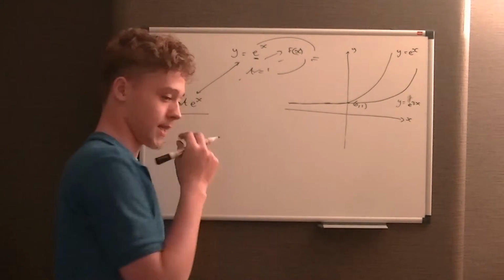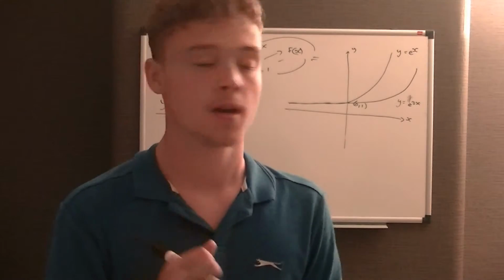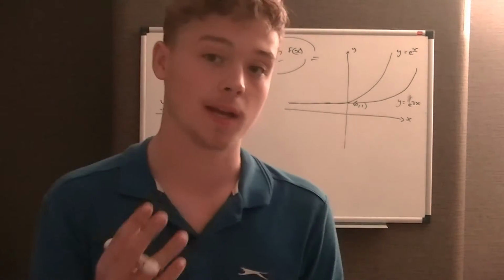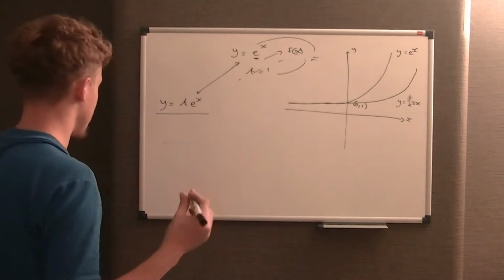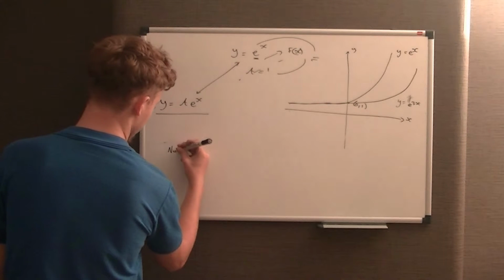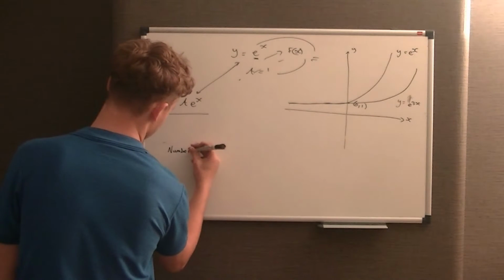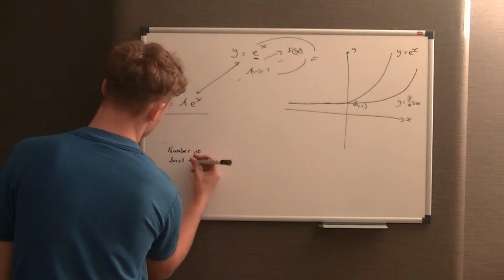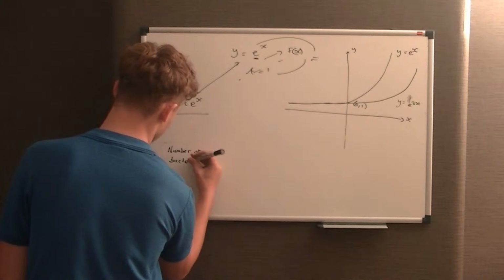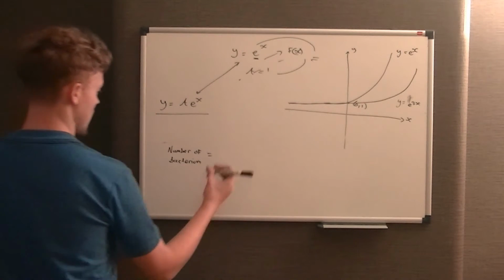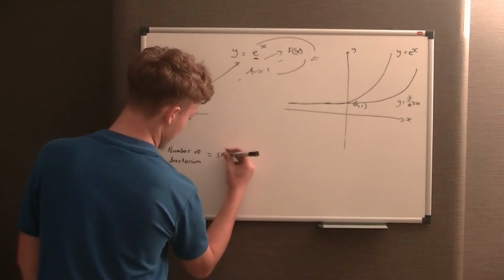If you've got a bacterium and it multiplies, and you need to know the rate at which it's multiplying, what you do is, say y is the number of bacterium. Bacterium, remember, is the singular of bacteria. The A is the start number.